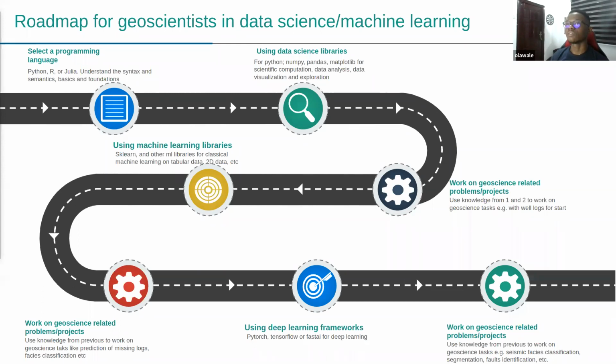You can adopt any of these three when starting your data science journey. Personally, because I'm a Python person, I might be biased, but I would always advocate for Python, though R and Julia are also very good programming languages for that.